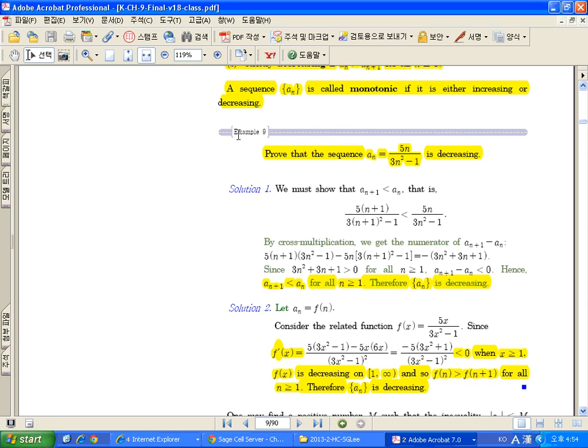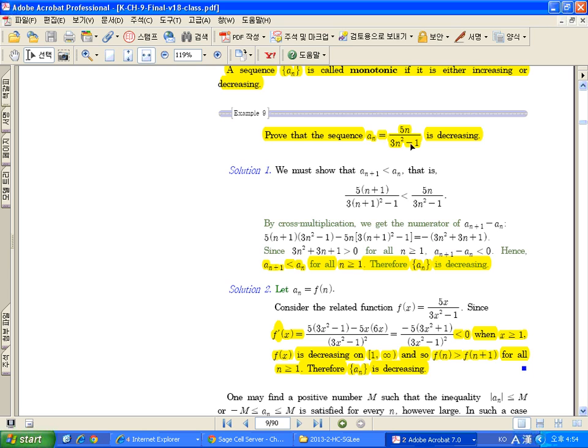Okay, now we start from example 9, which asks to prove the sequence a_n is decreasing. Let's see this term. Then we can easily show these inequalities for the nth term and the (n+1)th term. Let's see how we can do it. a_(n+1) minus a_n can be written in this way.